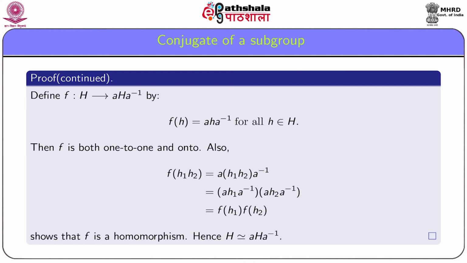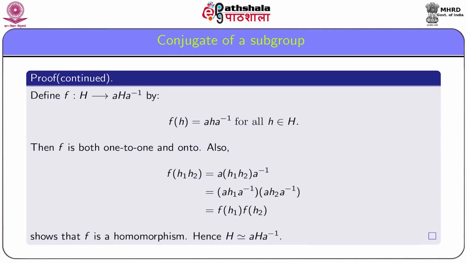Now to prove that H is isomorphic to aHa inverse. For this, define a mapping f from H to aHa inverse by f(h) equal to aha inverse for all h in H. Then from the definition it follows that f is onto, and by the cancellation properties in a group it follows that f is 1 to 1. Now to show that f is a homomorphism.